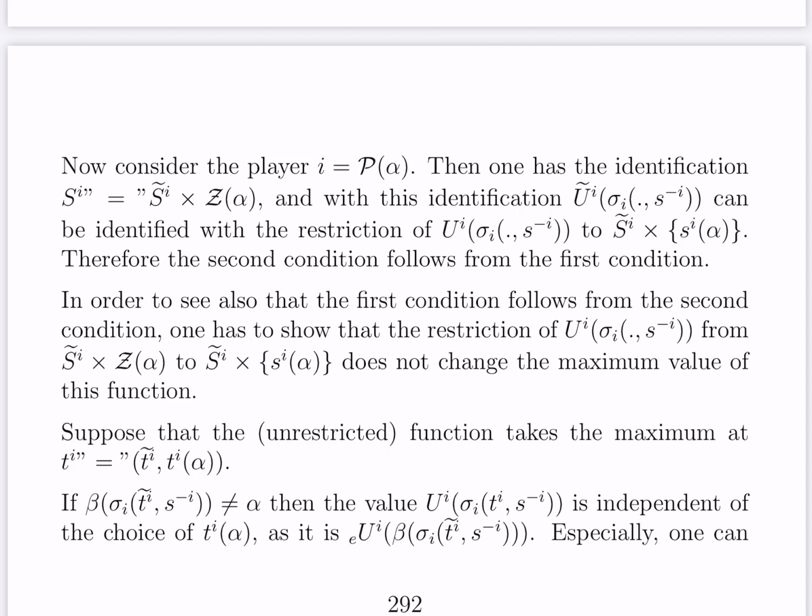So then we can replace the t_i of alpha also by s_i of alpha, and we get the same maximum value. And then t tilde i with s_i of alpha is also a Nash equilibrium, and then we have the same maximum value on the restricted function. And that's what we need.